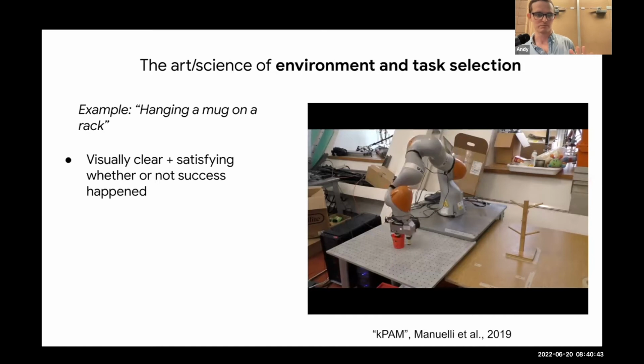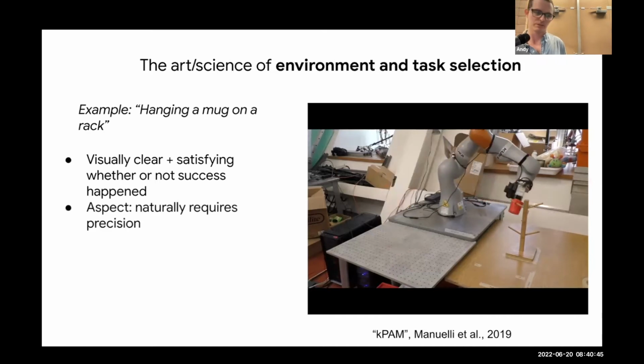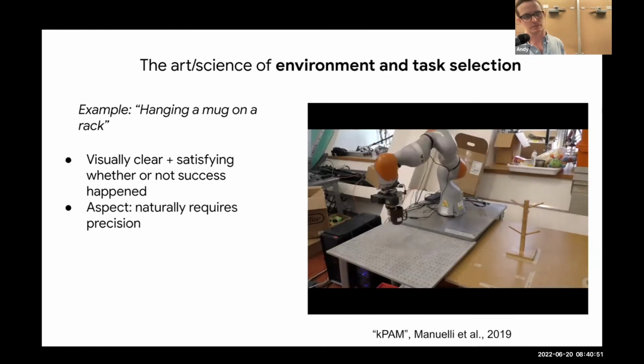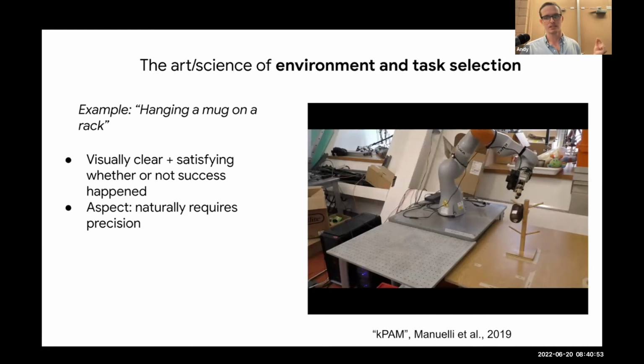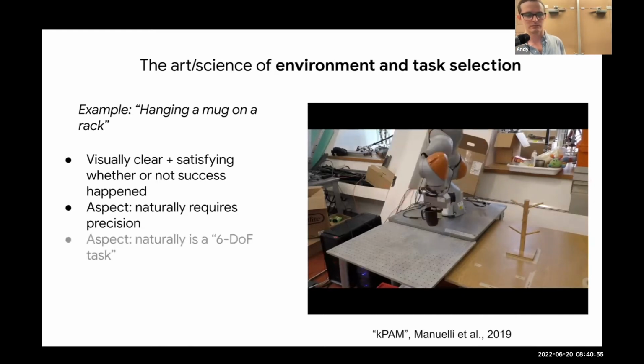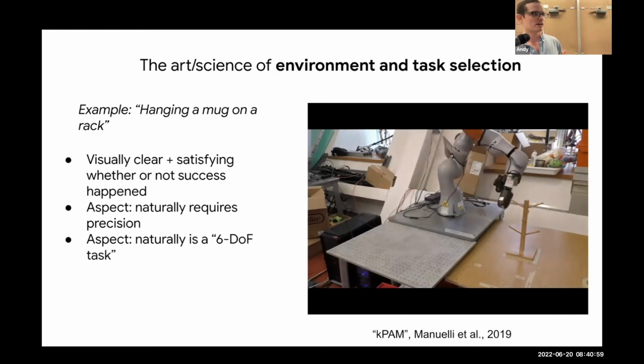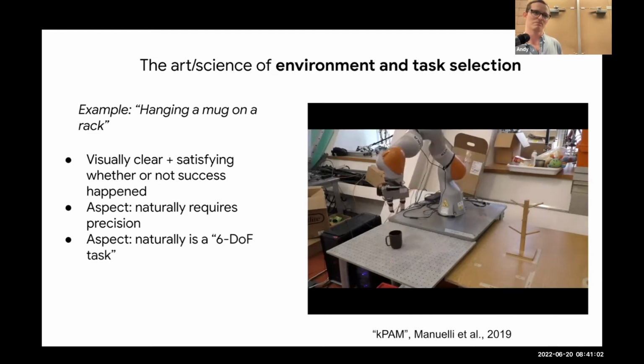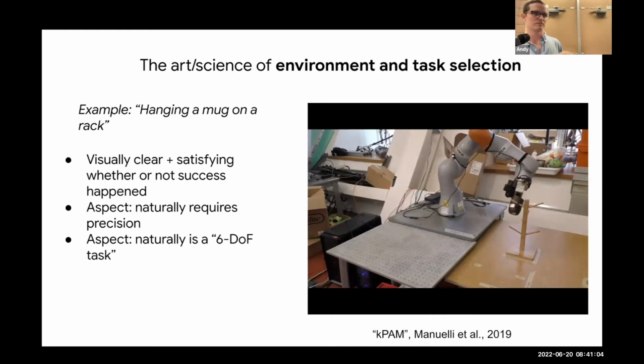I love that aspect of it, and it's a nice thing to have, at least in research, for a bunch of different things. This next one is particular to this task, and might be something that you care about. This task requires precision to get the actual handle of the mug onto the rack. It's naturally a very full 6 degree of freedom task. A lot of tasks can be translation only, or just top down.